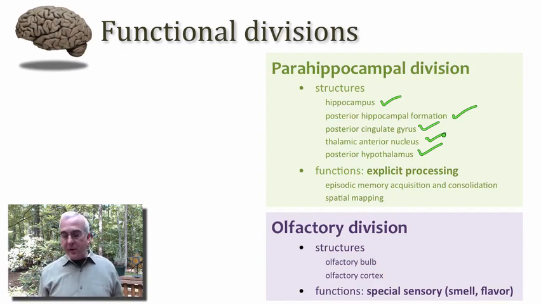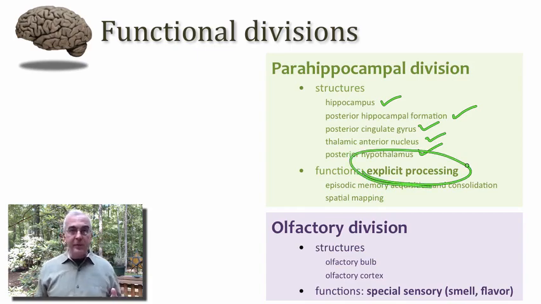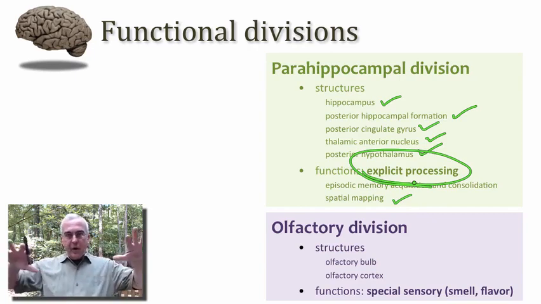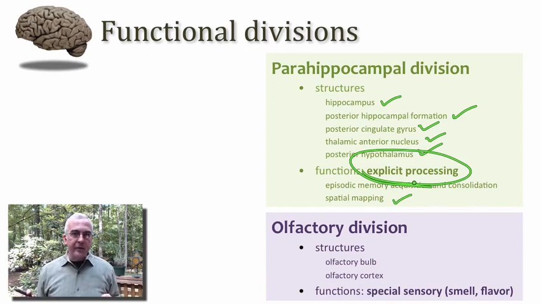And the functions of this parahippocampal division seem to be those that pertain to what I've been calling explicit processing. So this would include episodic memory acquisition and consolidation, and it would include spatial mapping. Not visual mapping, but mapping of our location within this broader environment.